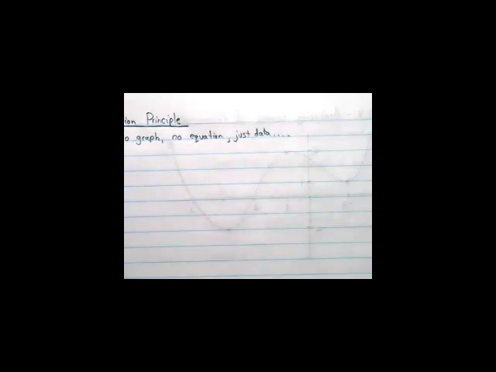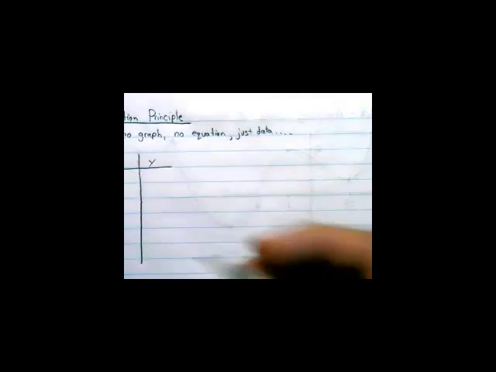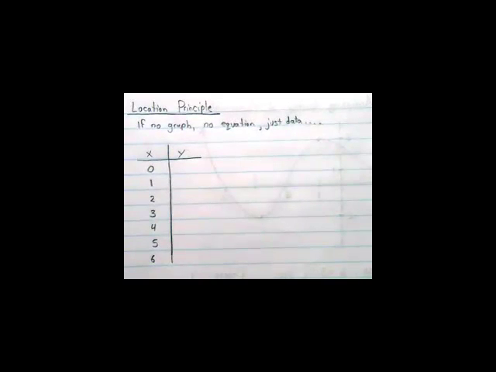So I'm just making up some fictitious numbers here, but this could apply to whatever. Let's say that I don't know the equation, I don't know what the graph looks like, but I have this data that I've collected. And so I have some x values 0 through 6. And I'm going to have some y values that go with it.